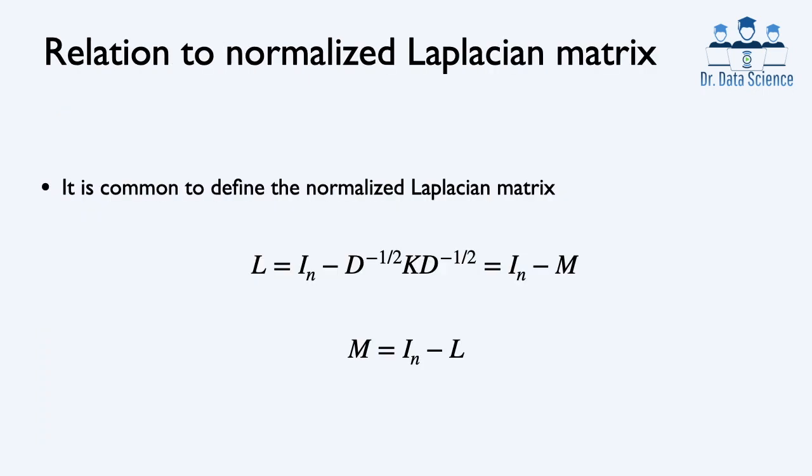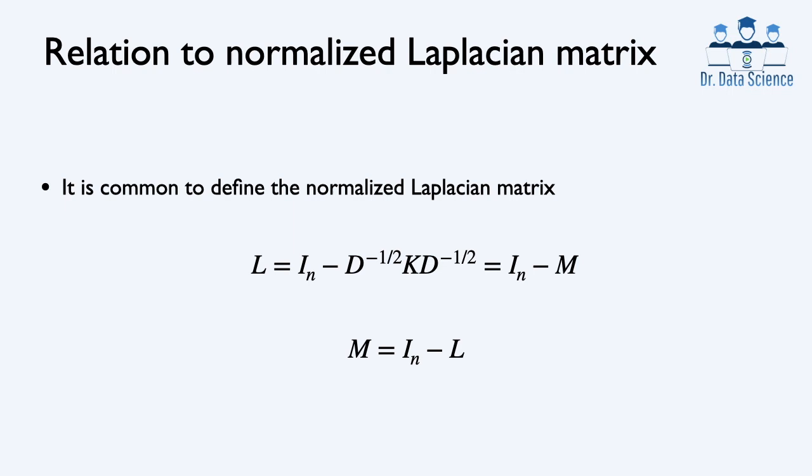Also here I want to emphasize the connection between the normalized adjacency matrix that I showed you, M, and something that is very common in the context of spectral clustering, which is known as the normalized Laplacian matrix. If you read some textbooks on spectral clustering, you will definitely see this matrix L, which is called the normalized Laplacian matrix, which is the identity matrix minus this normalized matrix M that we just talked about.